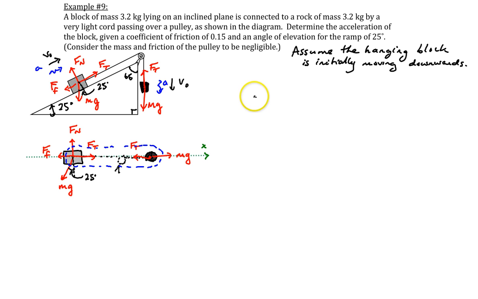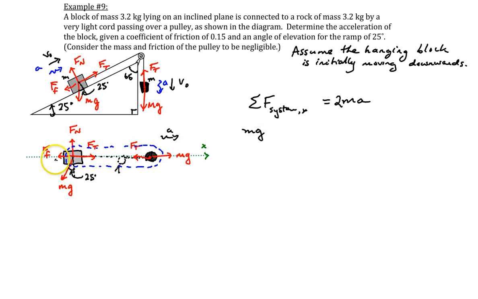Okay, so now let's apply Newton's second law. Sum of the forces of the system along the x-axis equals ma. But this is the mass of the system, so this really should be 2m, because there's an m here and there's an m here, so there's a total mass of 2m. The forces causing it to accelerate in that direction are mg, the hanging rock.